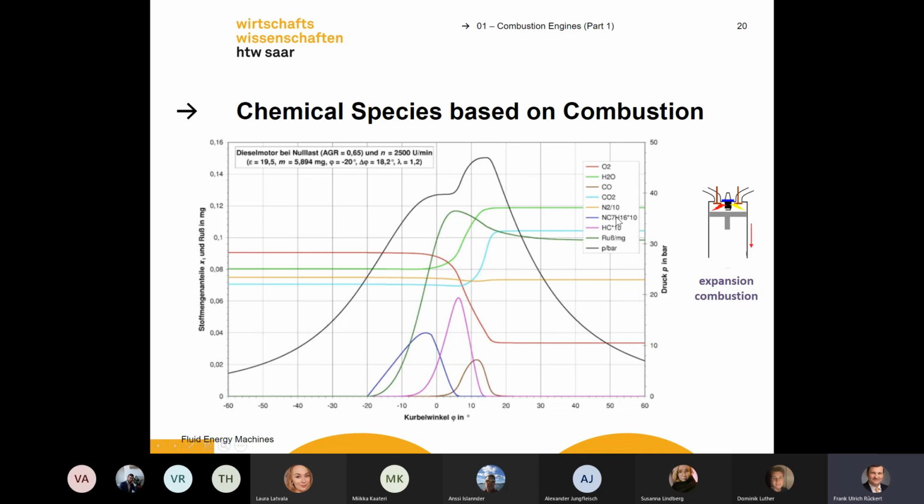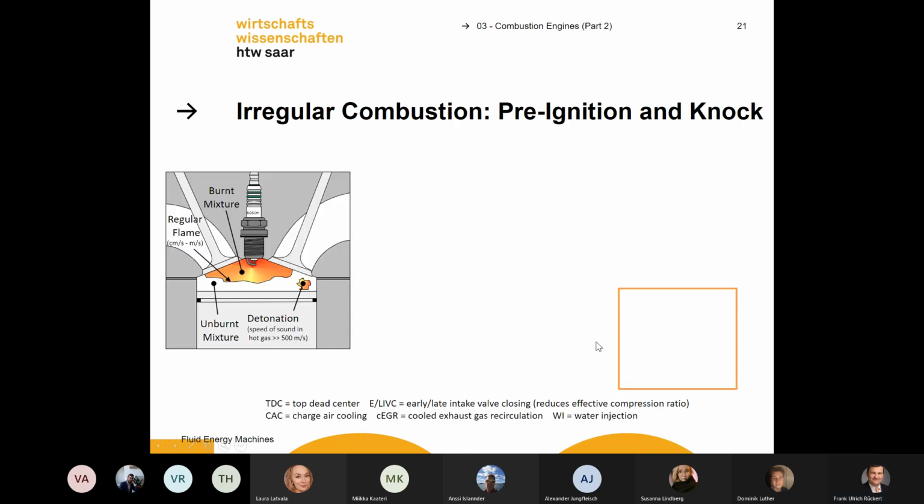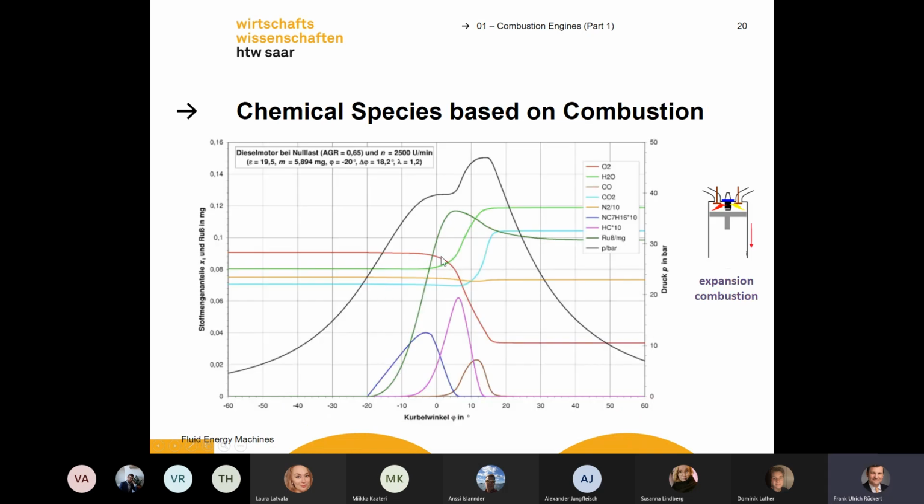This is maybe C7, a hydrocarbon, and this will be combusted, it will react, and it will produce carbon dioxide, it will produce water. Okay, and maybe some emissions.